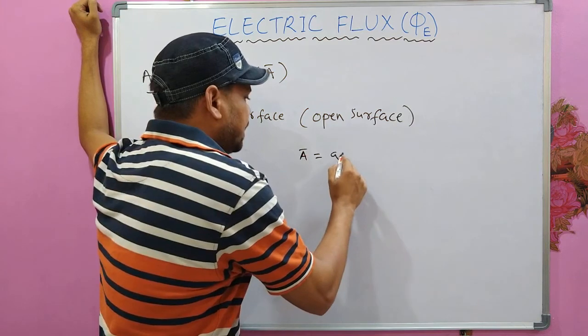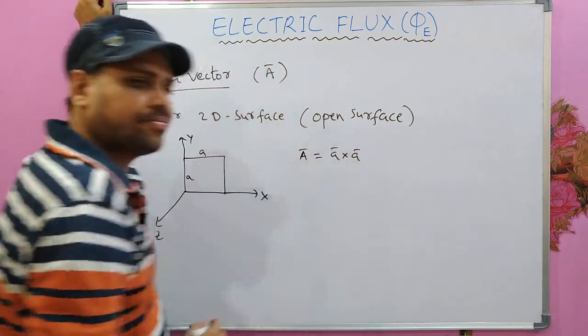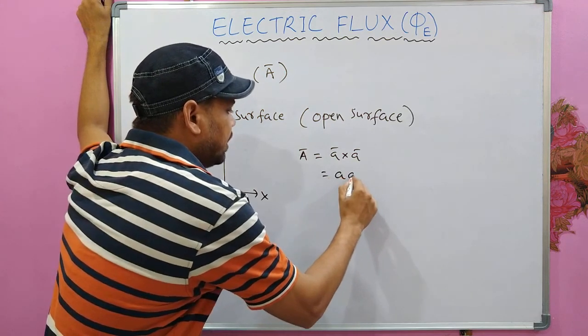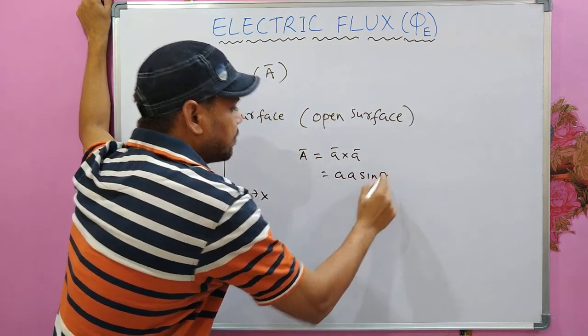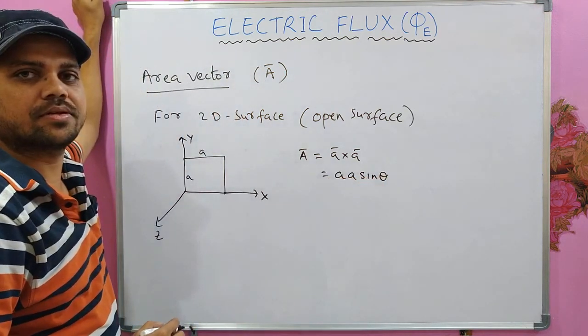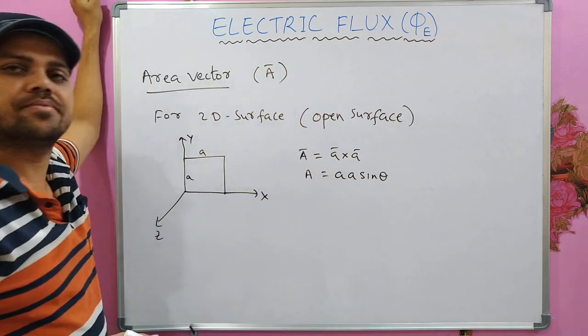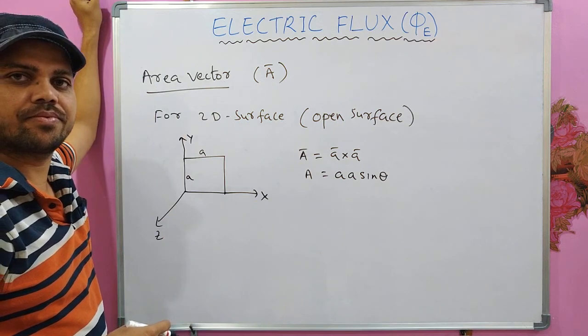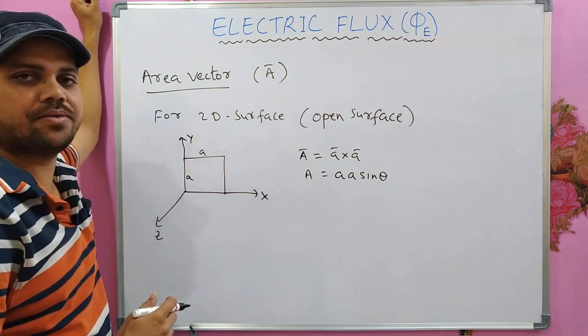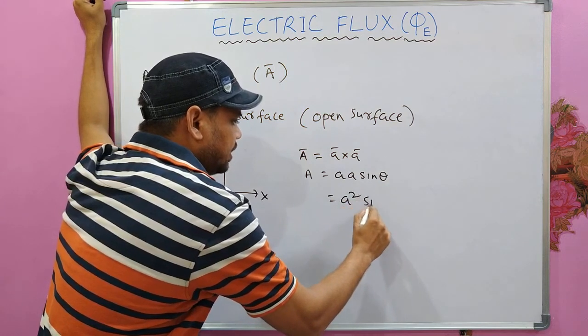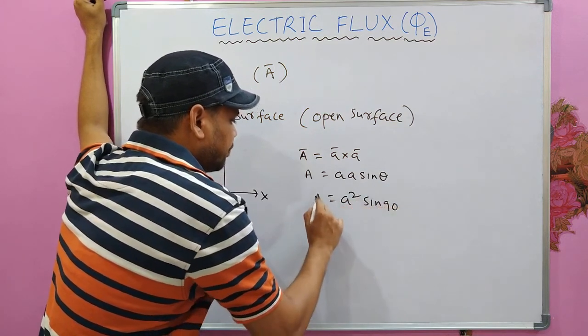It must be written as A cross A, which means A sin theta, the magnitude of this area vector. A square sin 90 you will get here.